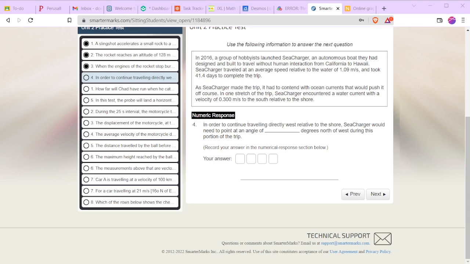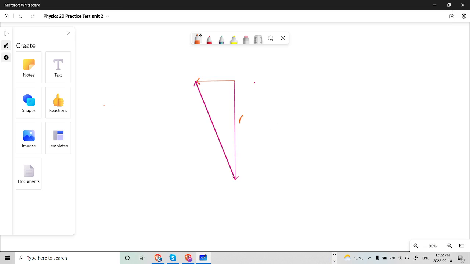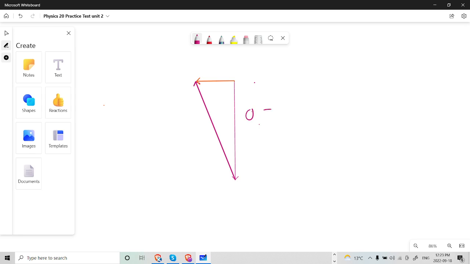Now, the important thing here, it travels at an average speed of 1.09 meters per second, and it encounters a water current with a velocity of 0.300. So we have 0.300 meters per second this way, and 1.09 meters per second this way.